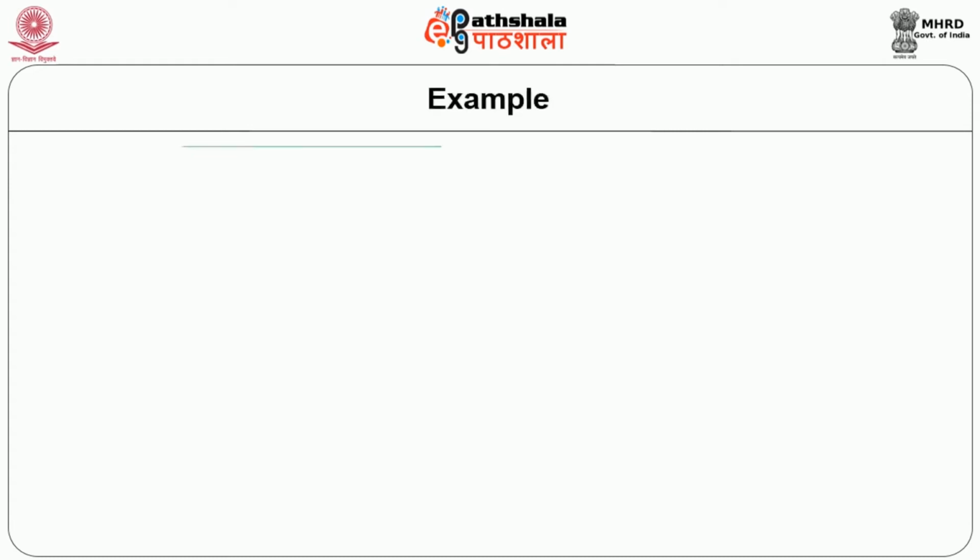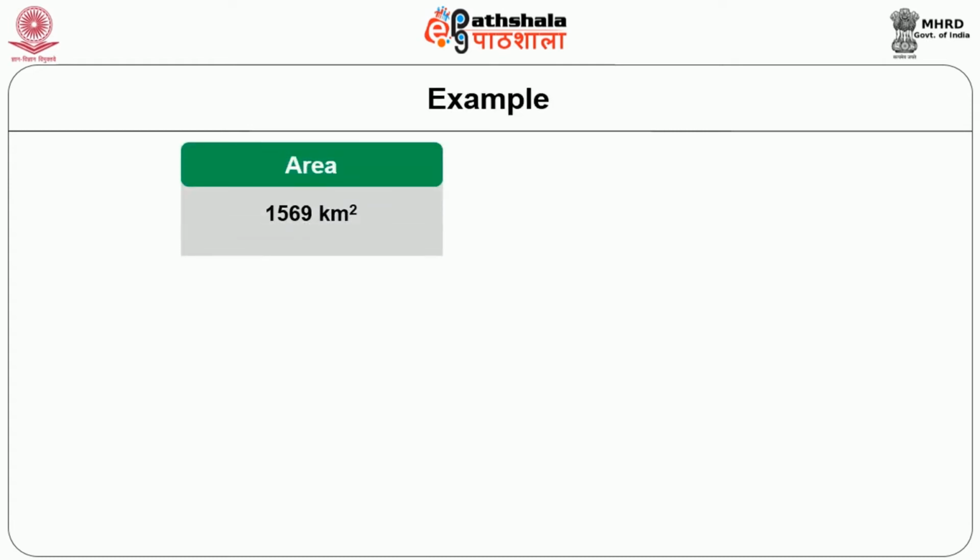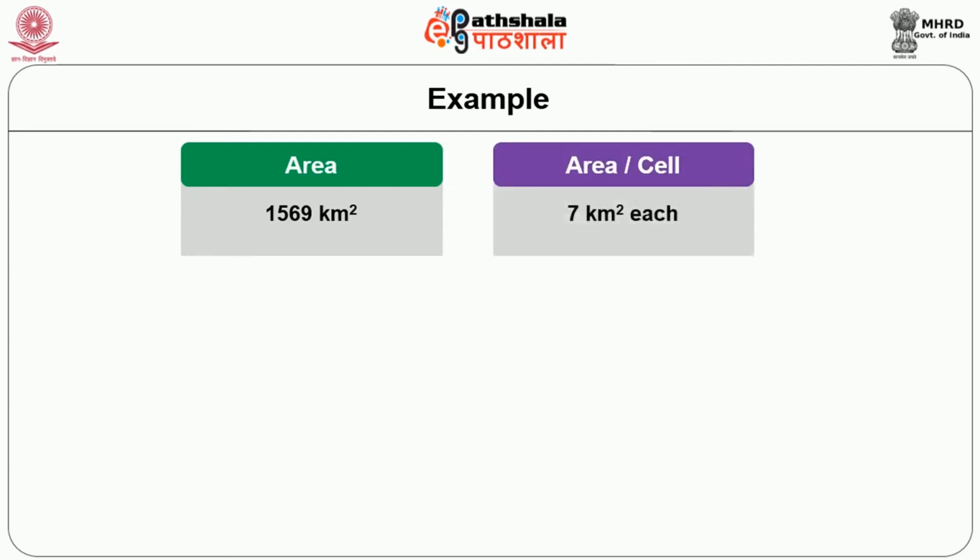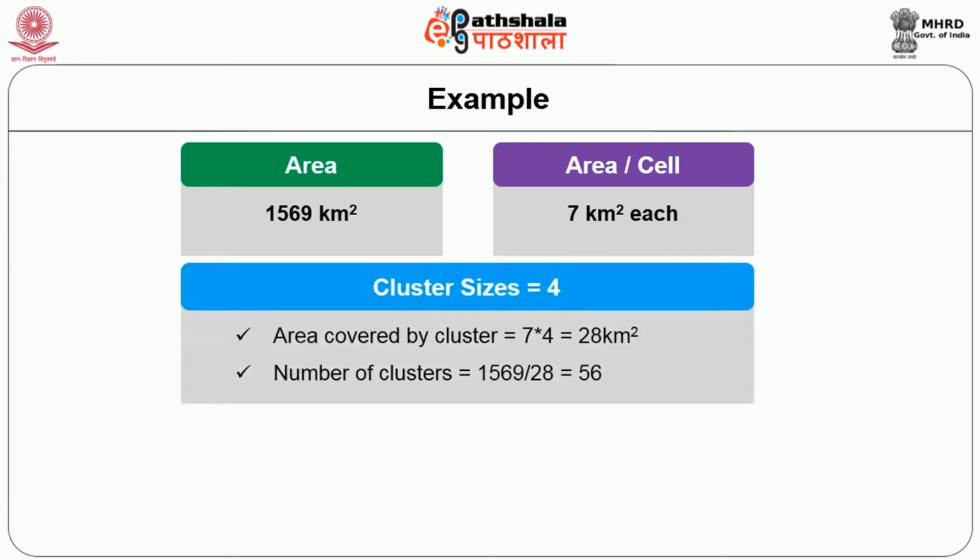Let us look at an example. Suppose the geographical area is 1569 kilometer square. Each cell occupies 7 kilometer square, and the cluster size is equal to 4. So, the area covered by a cluster is 7 multiplied by 4, because the area covered by a cell is 7 kilometer square.